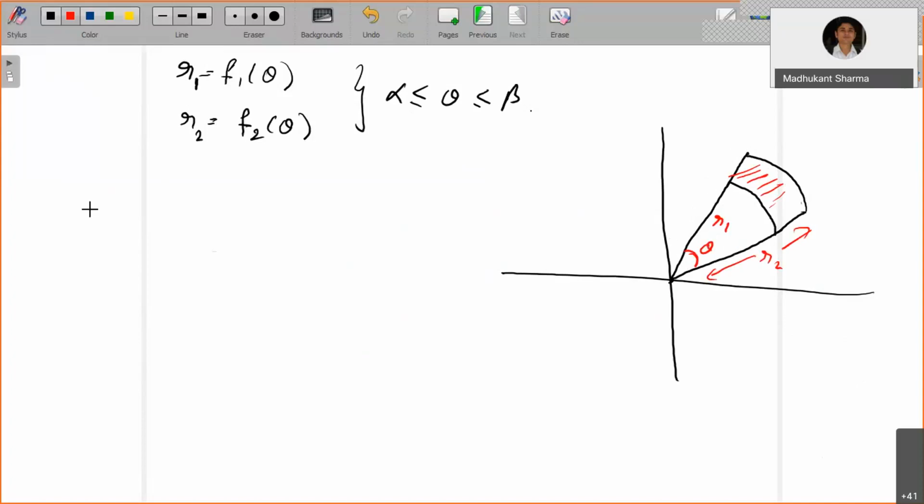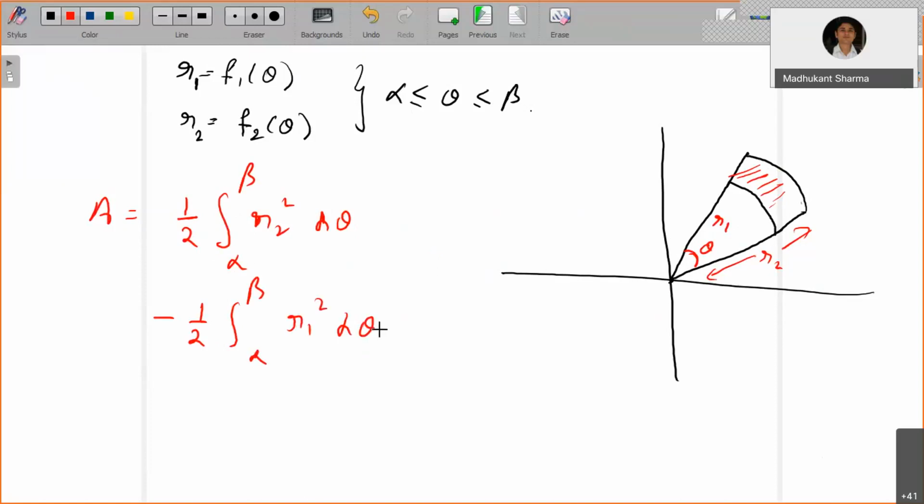So the area is going to be 1 by 2 integration from alpha to beta of R2 square d theta minus 1 by 2 integration from alpha to beta of R1 square d theta. That is, 1 by 2 integration from alpha to beta of R2 square minus R1 square d theta.